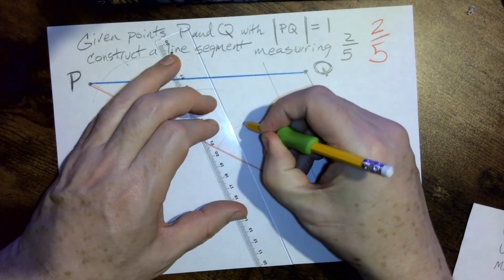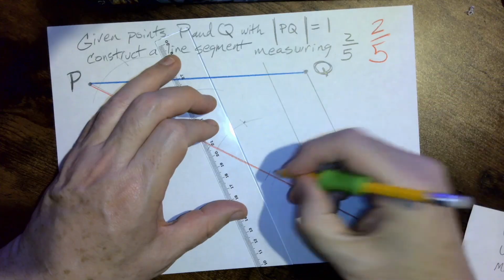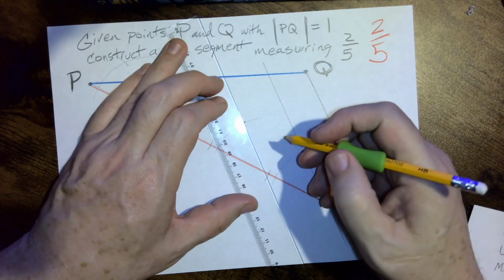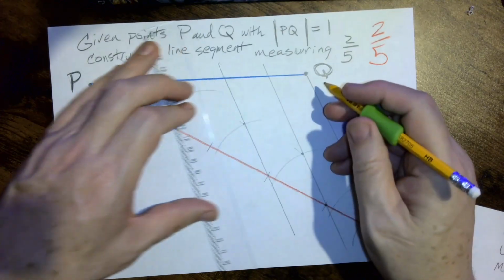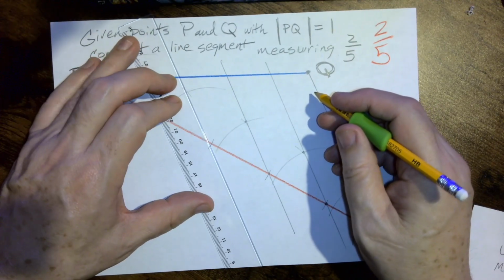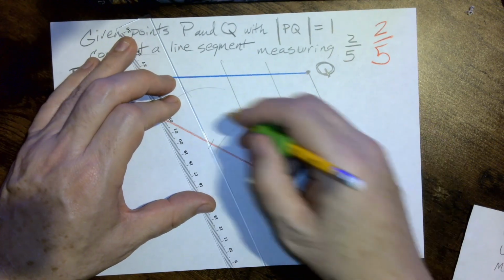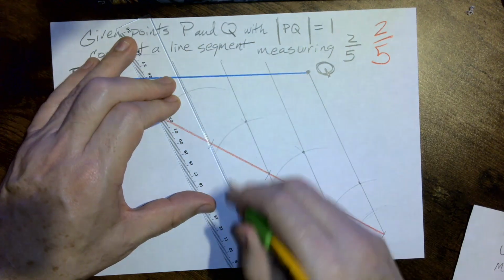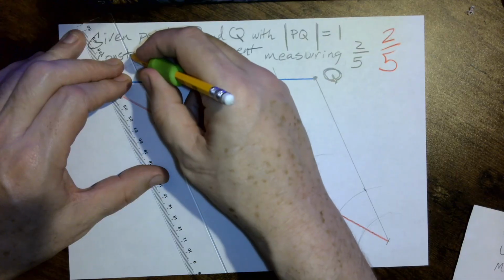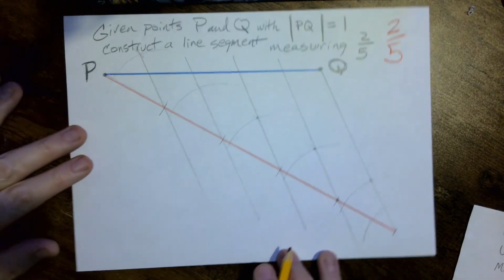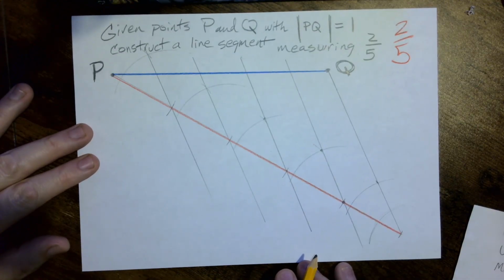I can connect these two here. There's another line. Here's another. And another. So I got that thing divvied into fifths.